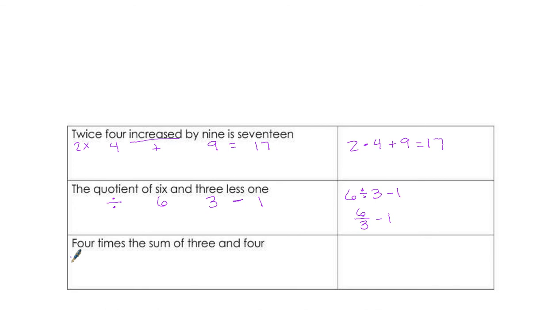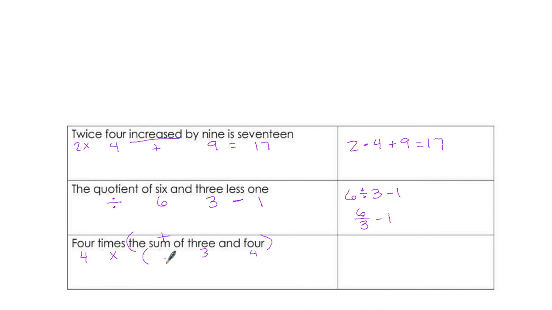Now our last one's another tricky one, but we will just be careful. So we have 4 times the sum of 3 and 4. 4 times means multiply, the sum of tells us that it is in parentheses, so the sum of 3 and 4 will be in parentheses. Sum means addition, 3 and 4.